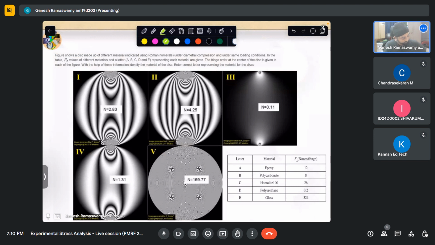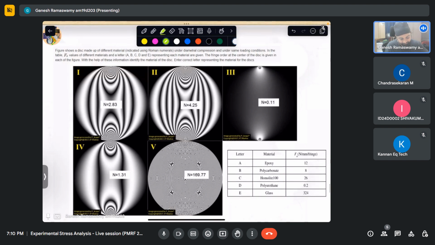The figure shows a disk made of different materials indicated by the Roman numerals 1, 2 to 5 under diametral compression and under the same loading conditions. So it is just a matter of changing the material, loading, everything remains the same. In the table, f sigma values of different materials and the letters A, B, C, D, E are provided.